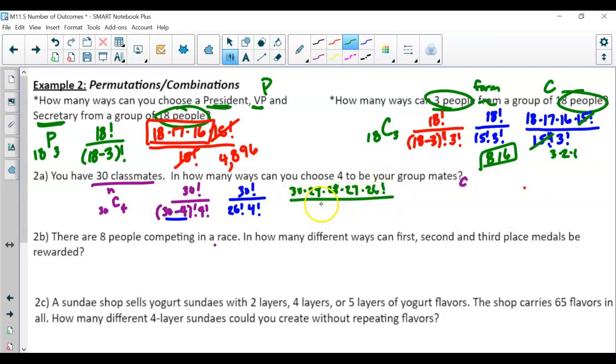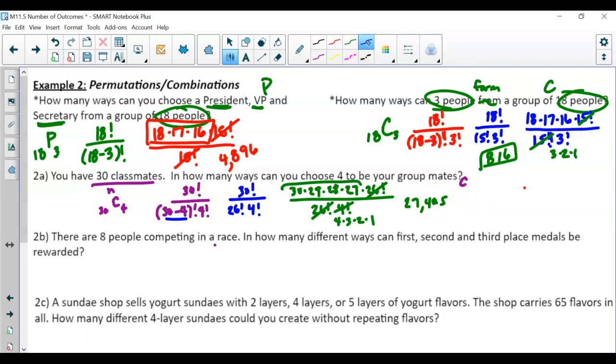Because then you're dividing by 26 factorial times 4 factorial. 26 factorial divided by 26 factorial. So really you've got these values here, but you're dividing by 4 factorial. 4 times 3 times 2 times 1. And that's here, practicing if you need to, right? Putting in the calculator. There are 27,405 different groups that can be made.